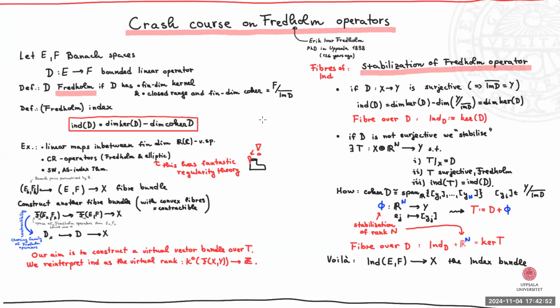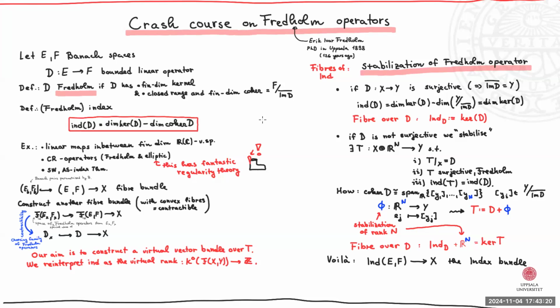Examples of Fredholm maps are linear maps between finite-dimensional vector spaces over R or C, Cauchy-Riemann operators that we are going to talk about later, and Fredholm operators which are also elliptic, which is going to be important at some point. All the nice geometric operators are nice and Fredholm. Now we will do everything parameterized.